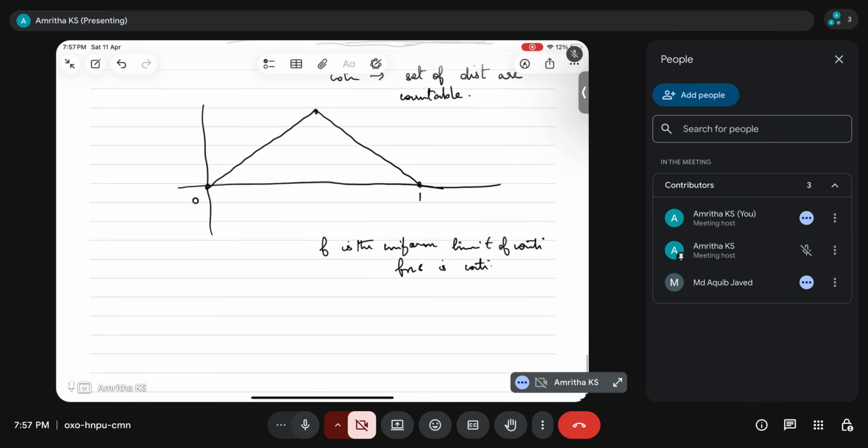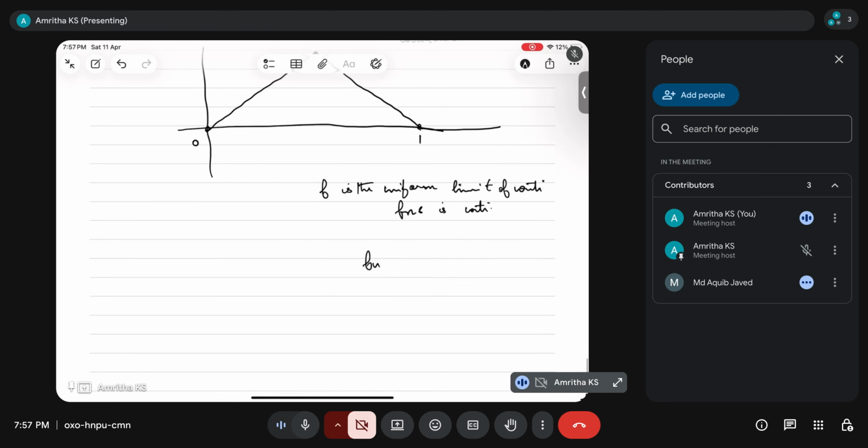How uniform is it? Fn converges to F uniformly. The Fn's are continuous, and this implies that F is continuous, right? Yes, it is the same statement.